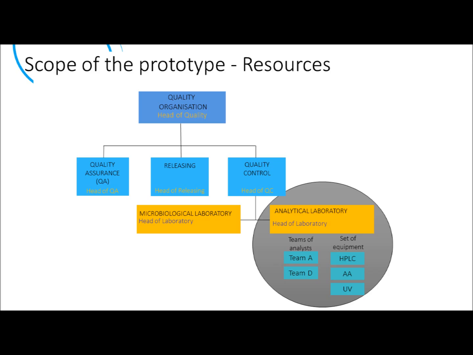Within the quality organization, the prototype will be focused on the analytical laboratory, so dealing with the head of the laboratory. We will integrate here two teams, Team A and Team D, and three different sets of equipment: HPLC for chromatography, atomic absorption, AA, and UVs.